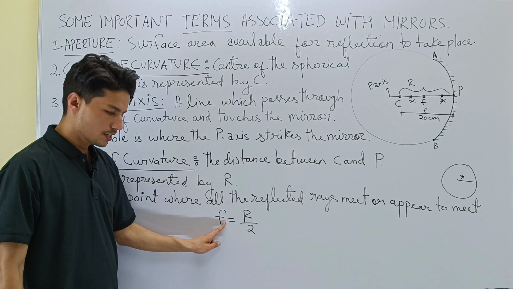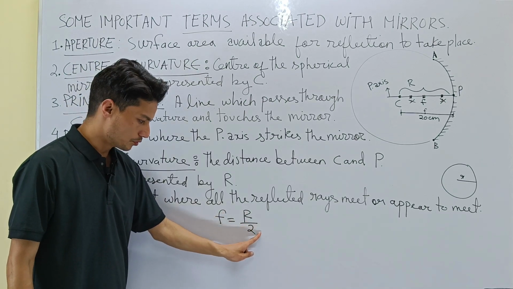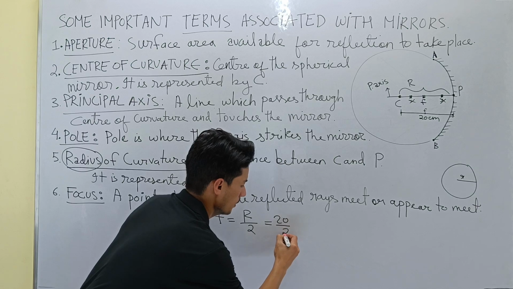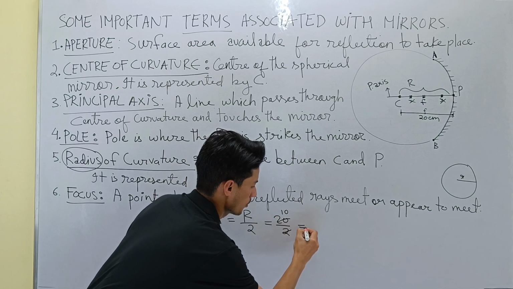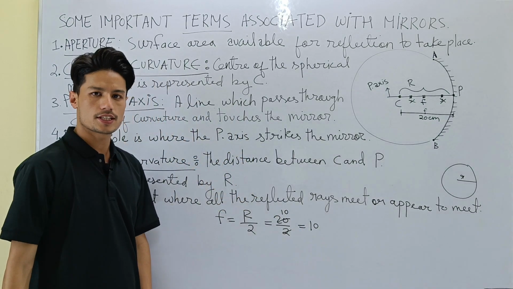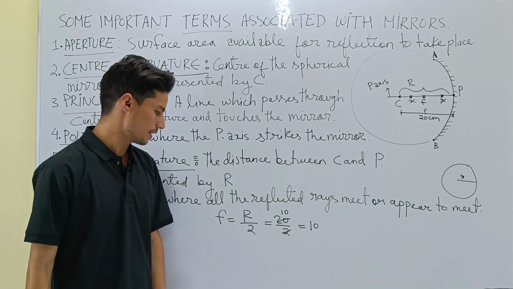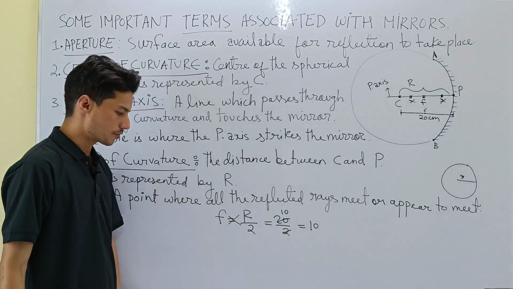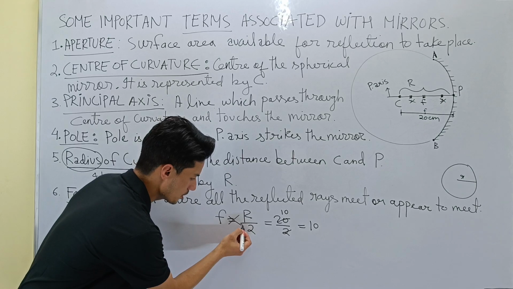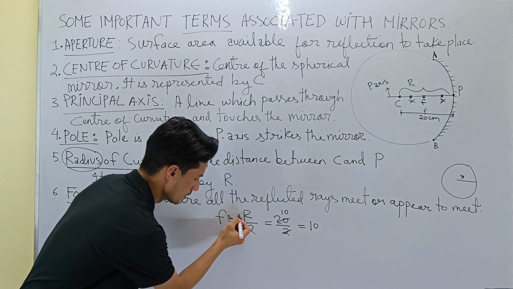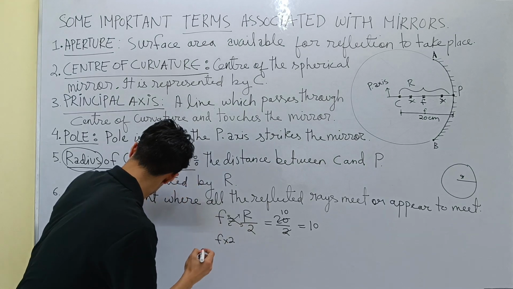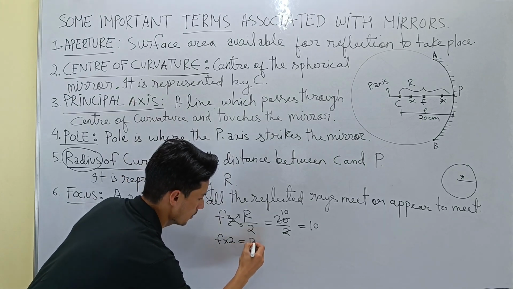You want focus? Divide the value of r by 2. If r is 20, then focus will be 10. Now from this we can find the formula for radius of curvature also. We do cross multiplication, so it will be f into 2, and then we have r.